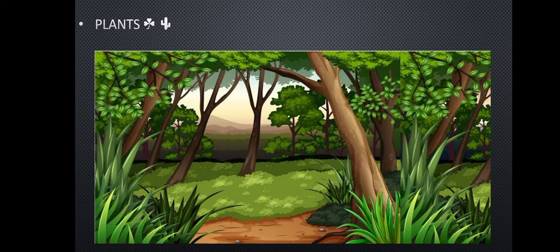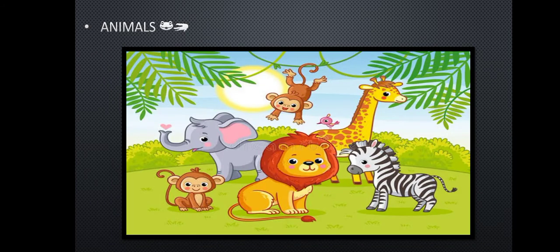Plants and animals are very important factors in an environment, and human beings depend on plants for their food. Animals are also a very important factor in an environment. Humans depend on animals for their food too.